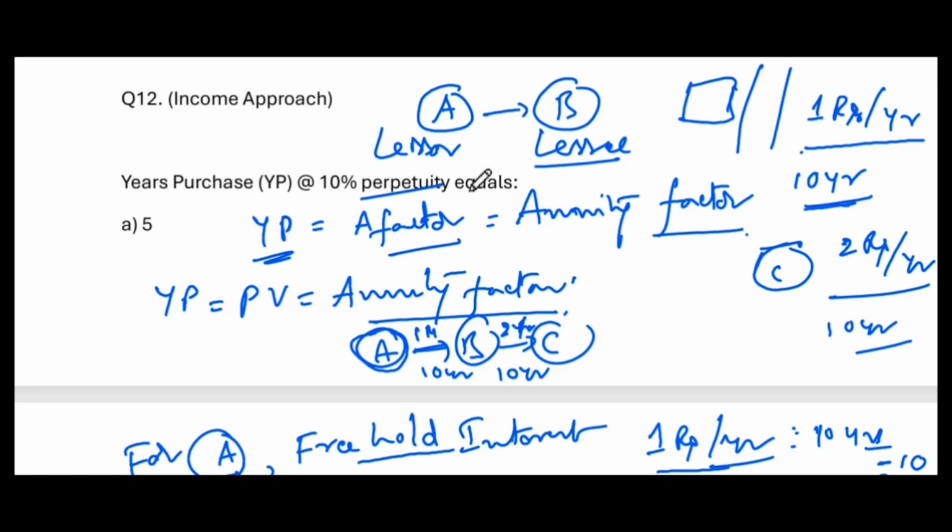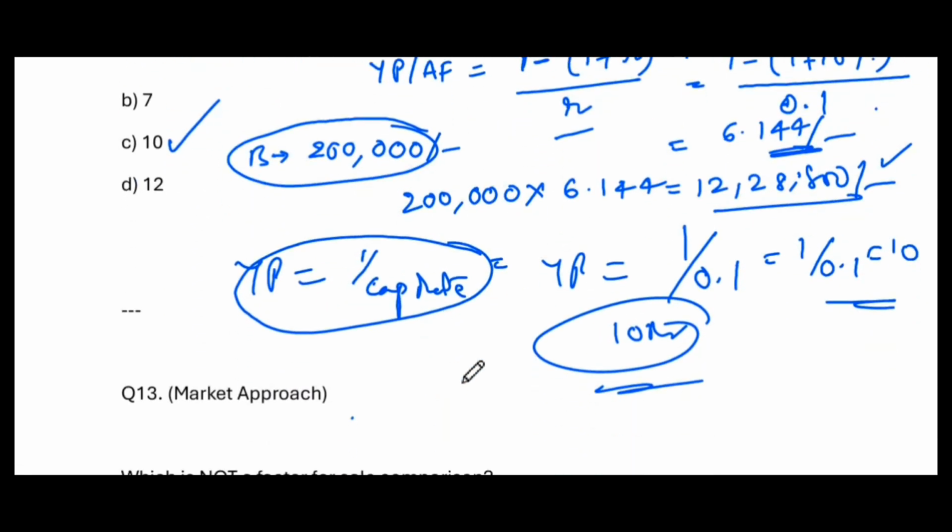So for that you can directly calculate year's purchase: YP is equal to 1 by capitalization rate. That means he will get 10 rupees value of the property on today's date for getting 1 rupee regular income every year until the life of the property. That is what this concept means.